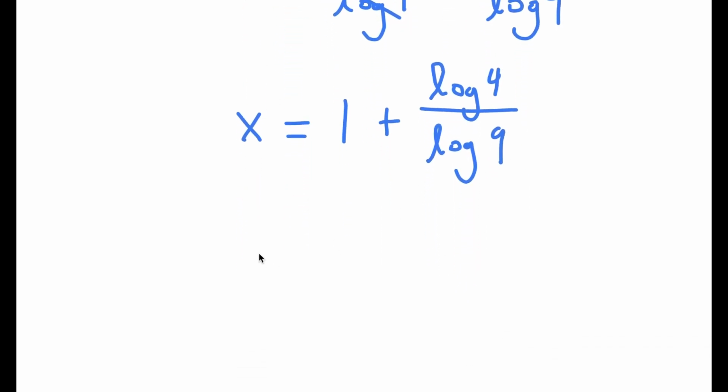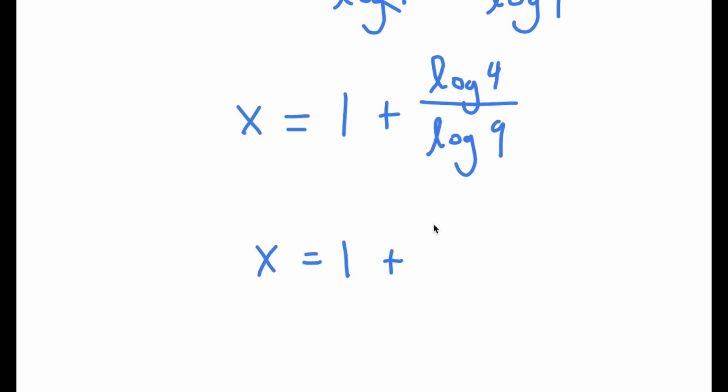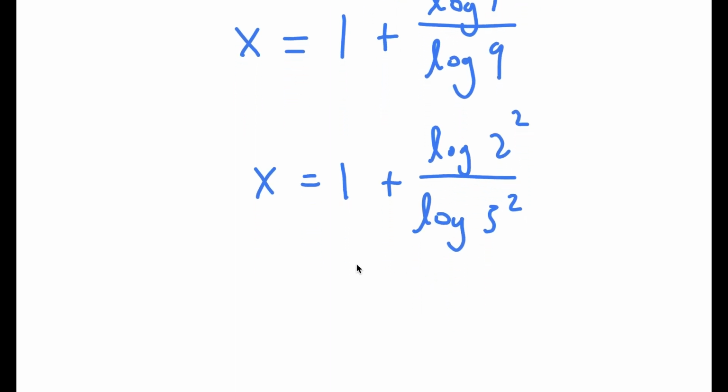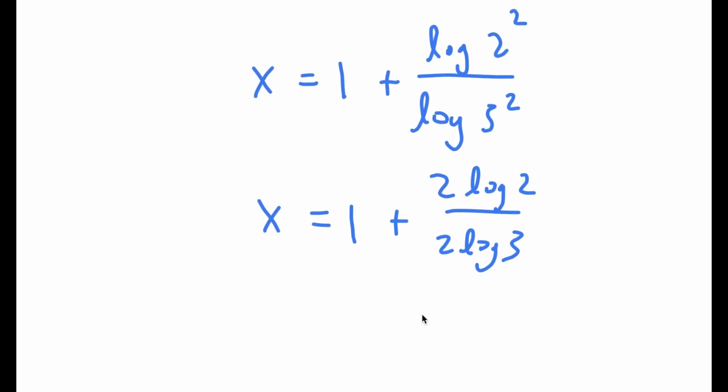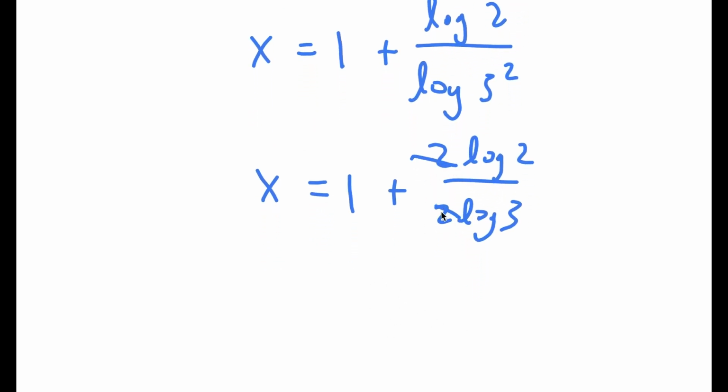And log 4 I can rewrite as log of 2 squared. Log 9 I can rewrite as log of 3 squared. So now this is the same thing as 2 times log 2 over 2 times log 3. And the 2's can simply cancel out.